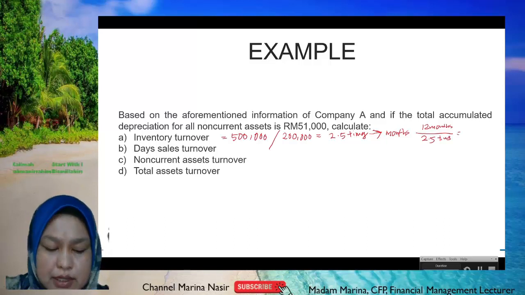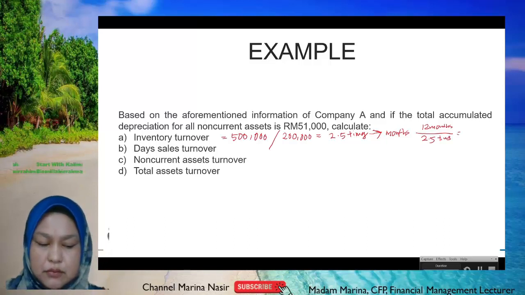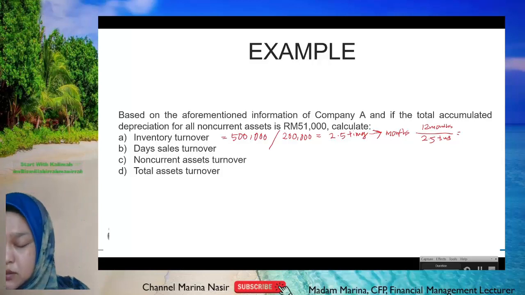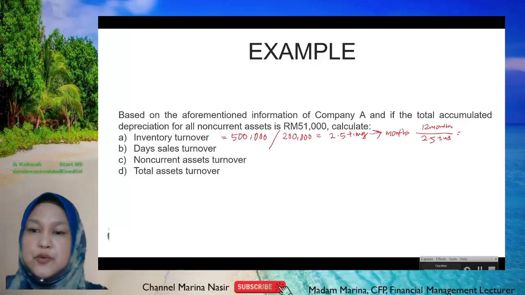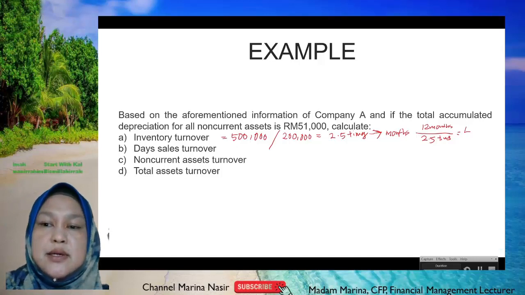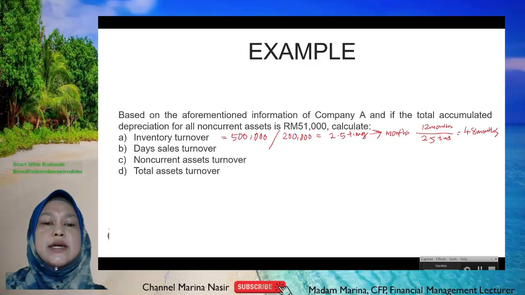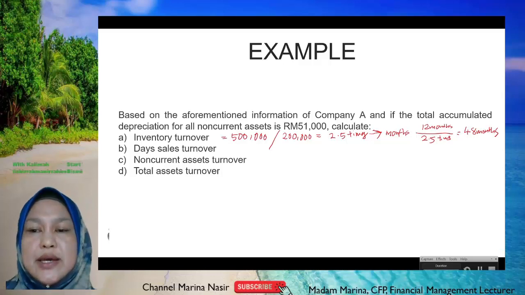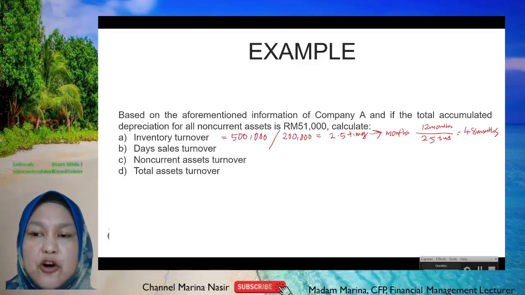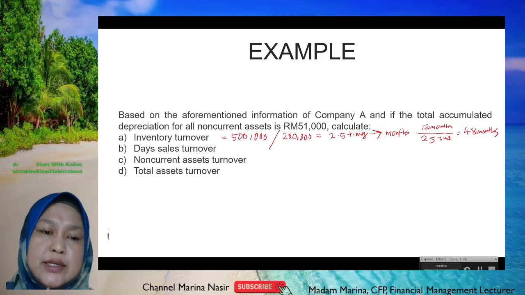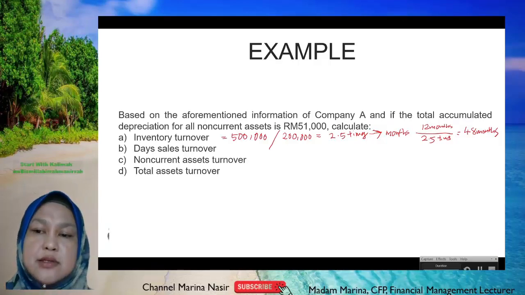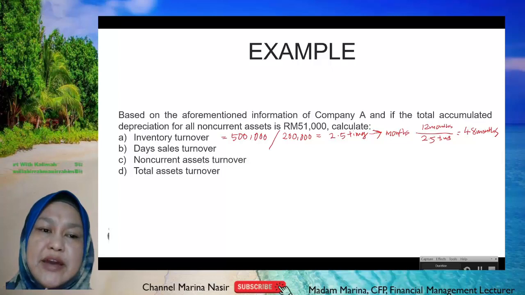So then we get 4.8 months. 4.8 months means that this company A takes 4.8 months to convert its inventory to sales. Dia ambil masa 4.8 bulan in average.